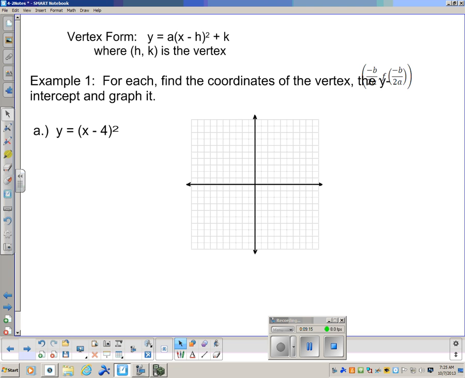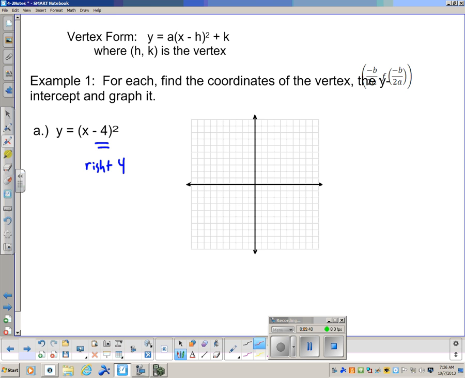So it says for each find the coordinates of the vertex, the y-intercept, and graph it. So if we're looking at this one, x minus 4 squared, we said that minus 4 inside here was going to move it to the right 4. So kind of thinking about your parabola sitting here at 0, 0, and you're just going to move it over the 4. Or you could just graph out your parent function here first if you wanted to.